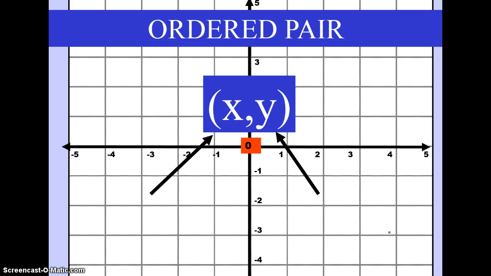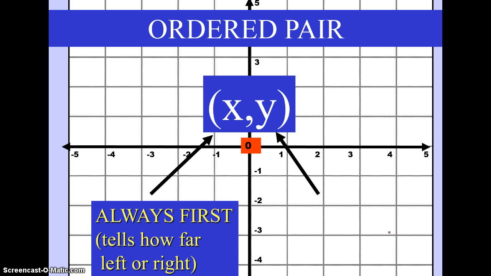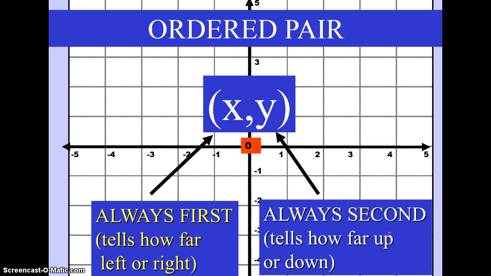And shout out to Kylie. She mentioned this, that every ordered pair has an x and a y. X is always first. It tells you how far left or right. Y is always second and tells you how far up or down. And the way I think of it is that you have to walk to the staircase before you can go up or down.